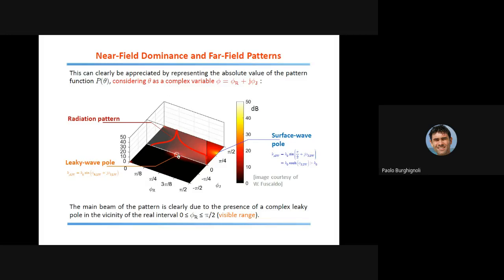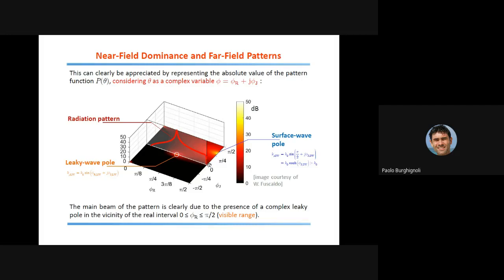In addition to a leaky pole, in this example, you can see also a surface wave pole, which is located, however, far from the visible region, that is far from the real axis, because it's located exactly where the real part of the angle phi is equal to pi over 2, and the imaginary part is instead different from 0.